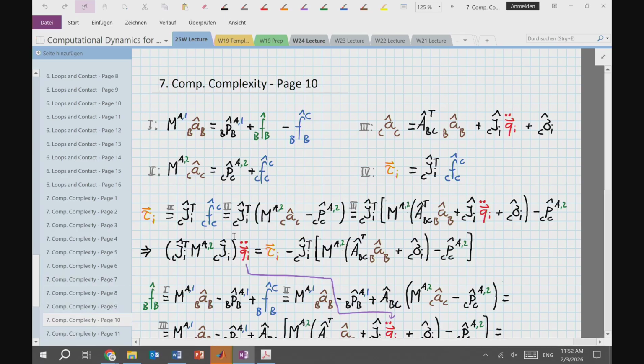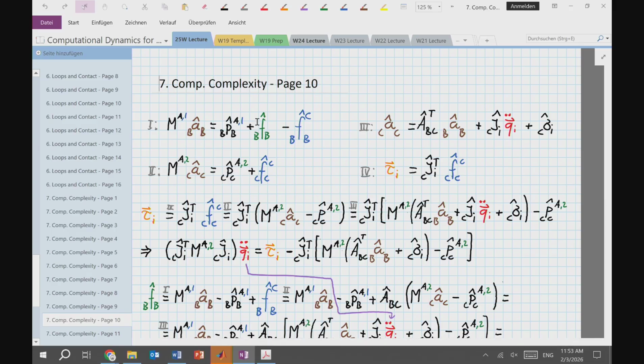And now we are looking at 4 equations. The relationship of acceleration across the joint that we just looked at, the projection of the contact forces, of the constraint forces into the joint, and then these 2 equations of the subsystems, right?